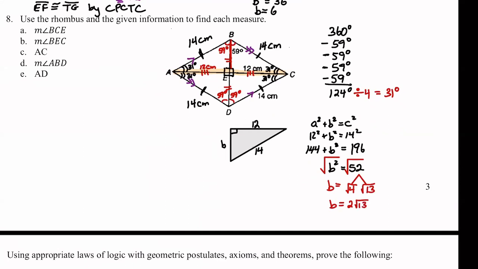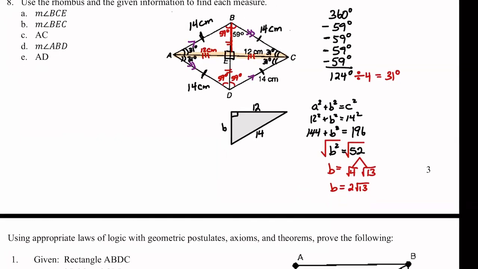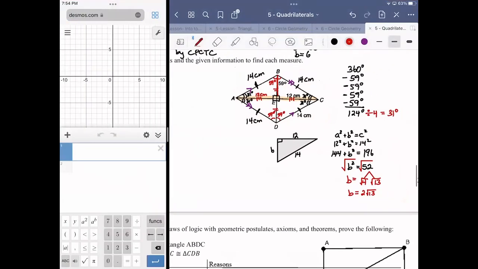All right, let me just do a quick double check on that. I'll pop it into Desmos. All right, so I would need 12 squared plus 2 rad 13 squared. Oops.